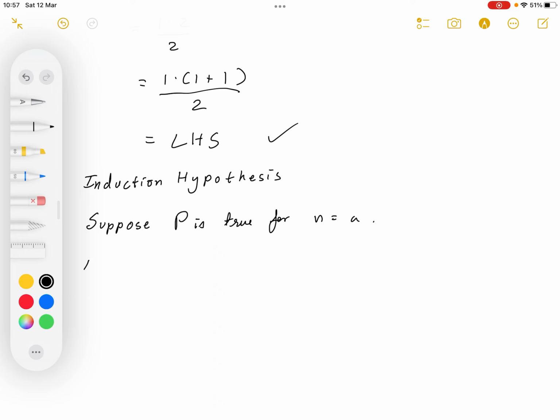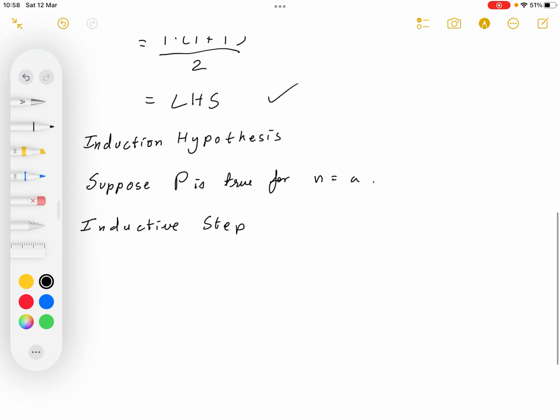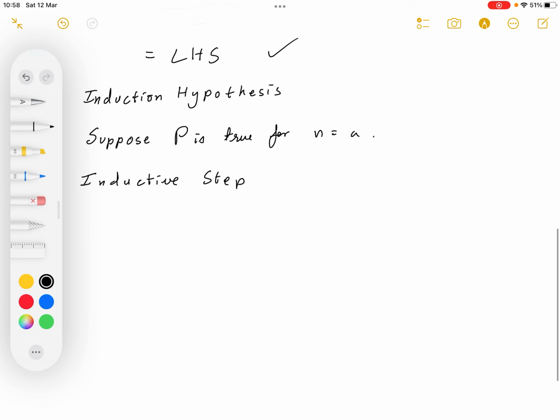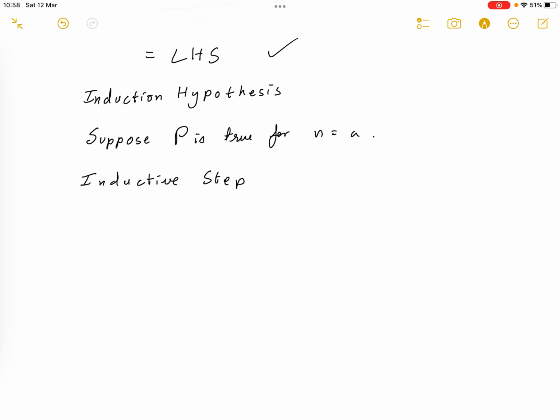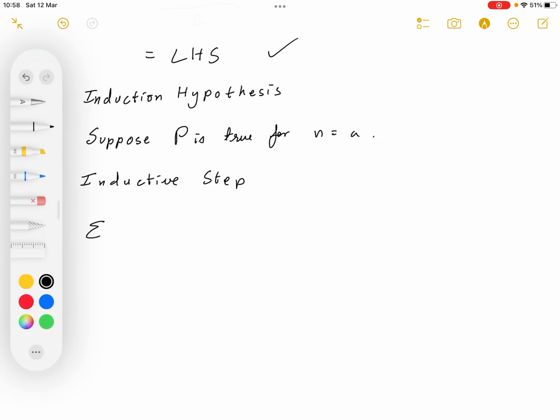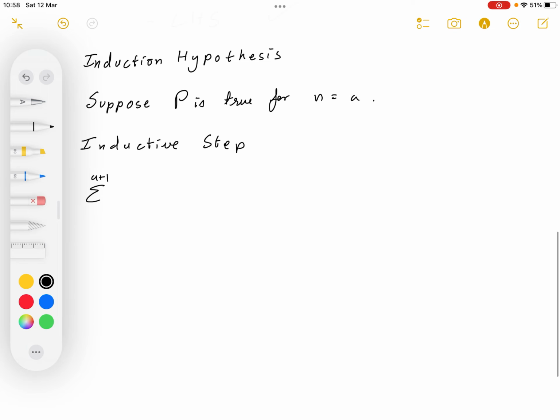So in the inductive step, we need to show that it's true for n equals a plus 1. So let's write down the sum to a plus 1, k equals 1 over k.